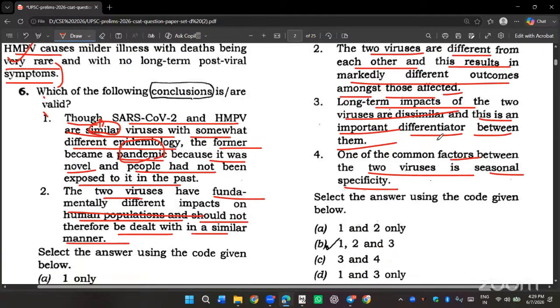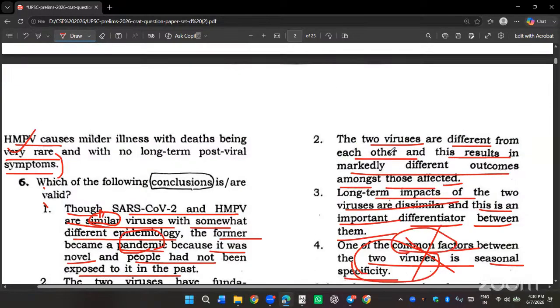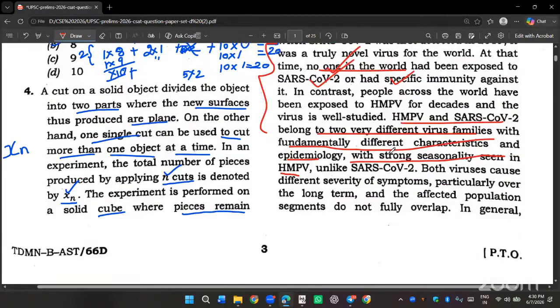So with that, I can conclude, how can you say the two viruses have seasonal specificity as one of the common factors? In support of our inference, it is mentioned, unlike, very important, unlike.